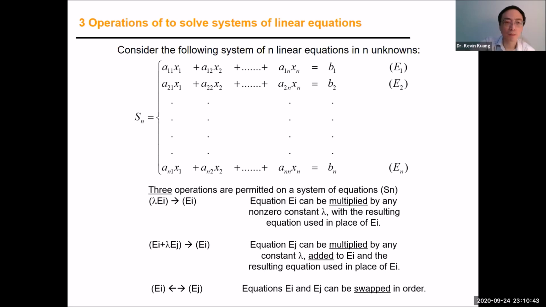The first is you can multiply any equation by a number and replace the old equation with the new one. Second, after multiplying an equation, you can add or subtract it to or from another equation, and the resulting equation can be used to replace the old equation. Lastly, you can swap equations. You can take equation number 1 and swap it with equation number 2, or with equation number 3, etc. So these are the 3 operations that you can do in the Gaussian elimination method.